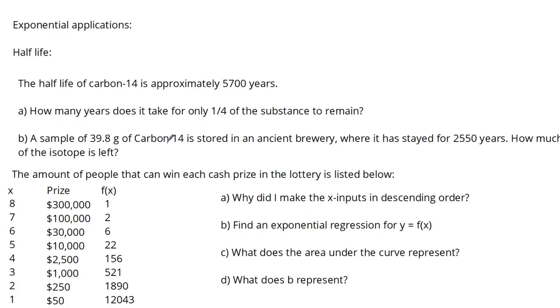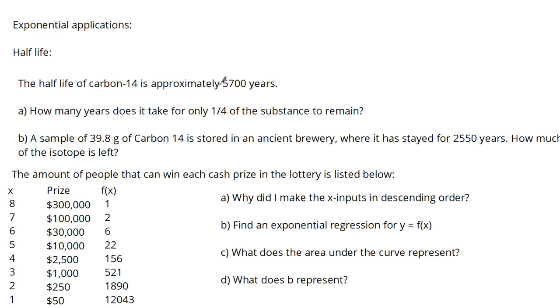Okay. So half-life. We have half-life now. Half-life is another one of our applications. Half-life of carbon-14 is approximately 5,700 years. How many years does it take for only 1/4 of the substance to remain?